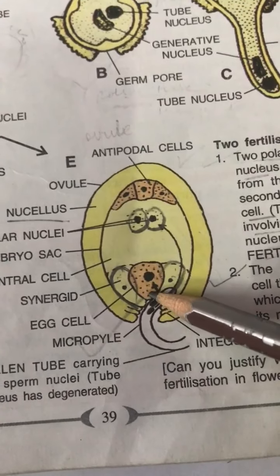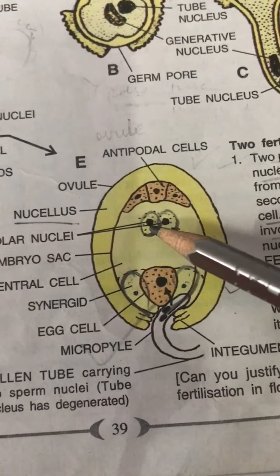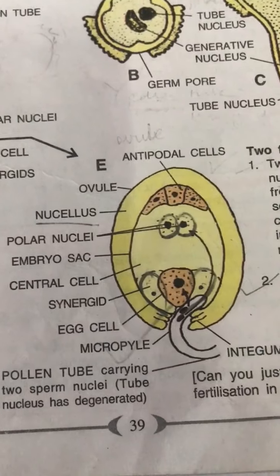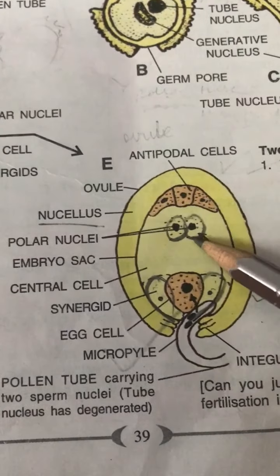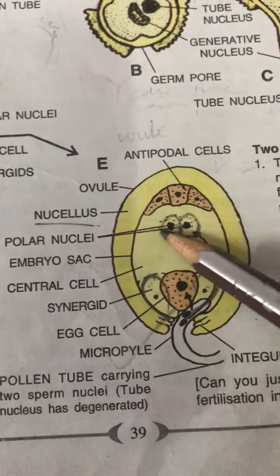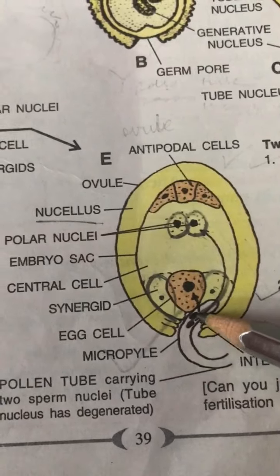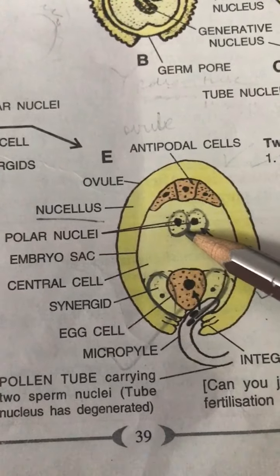Whereas the second change which is happening inside this embryo sac is these 2 polar nuclei fuse together with one another and form a secondary nucleus or a definitive nucleus. They fuse to each other to form a secondary nucleus, and then they fuse with this second male gamete to form endosperm nucleus.